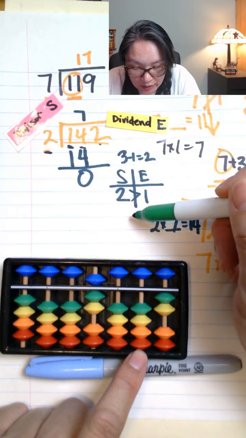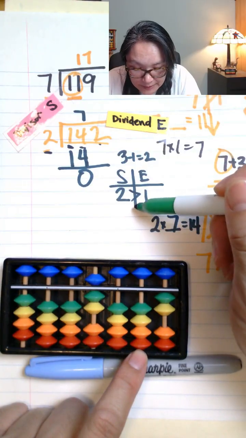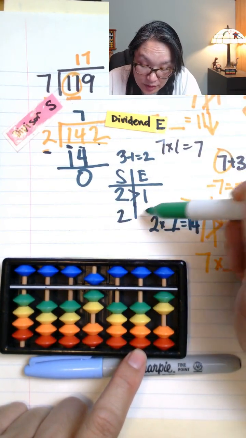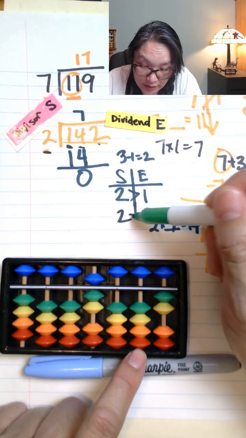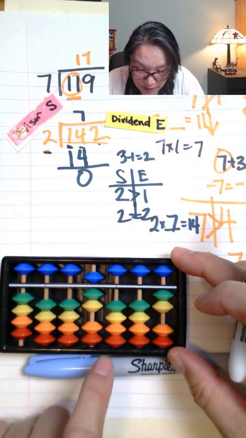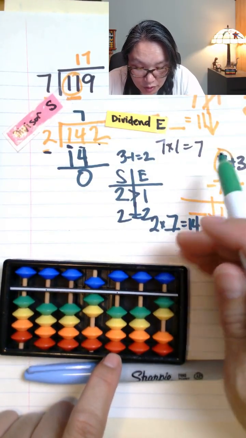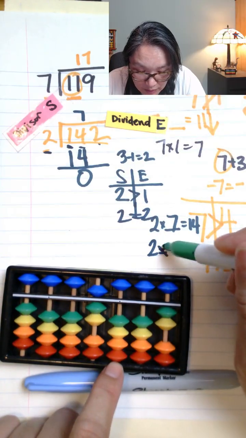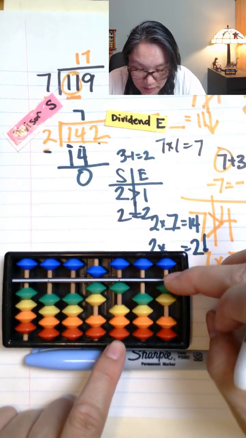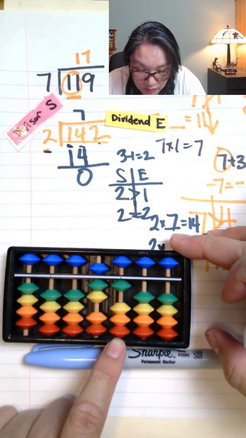We just know that it multiplies itself out because it's 2 and 2, they're the same. So I'd be skipping this one and going here. What times 2 is equal to 2 or less? 2 times 1 is equal to 2.